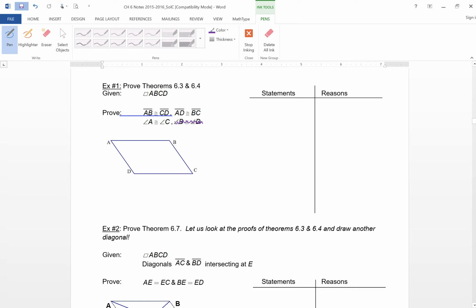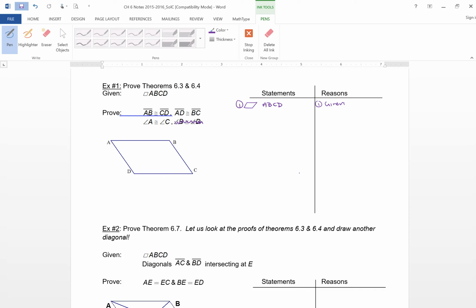Okay, so what you're given is parallelogram ABCD. Make it look like a parallelogram. Okay? Now, if you're just given a parallelogram, what's the only thing that you know?